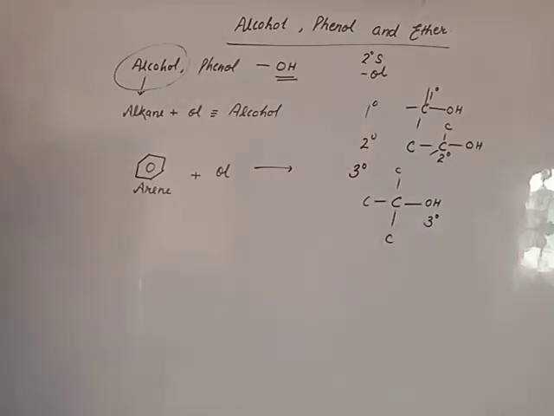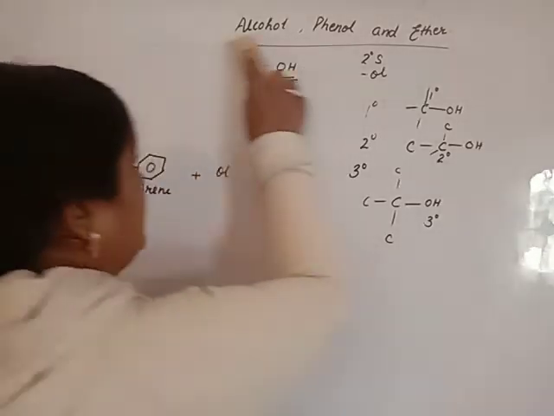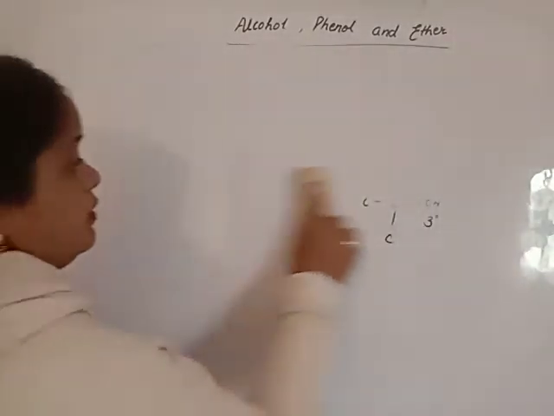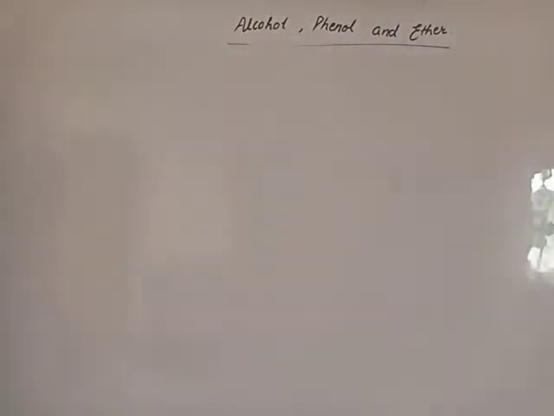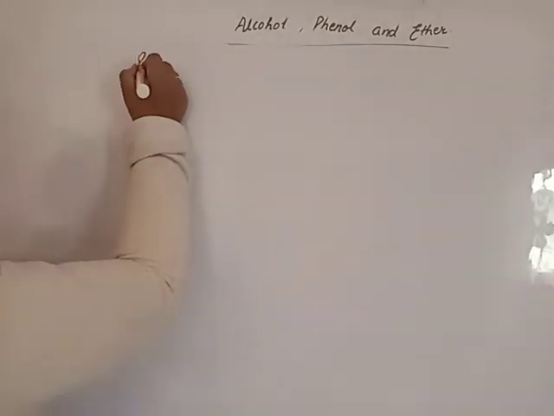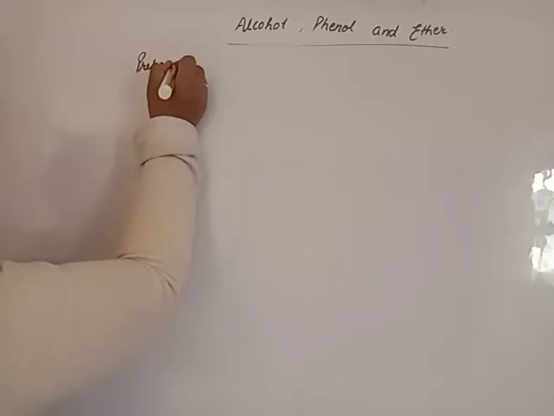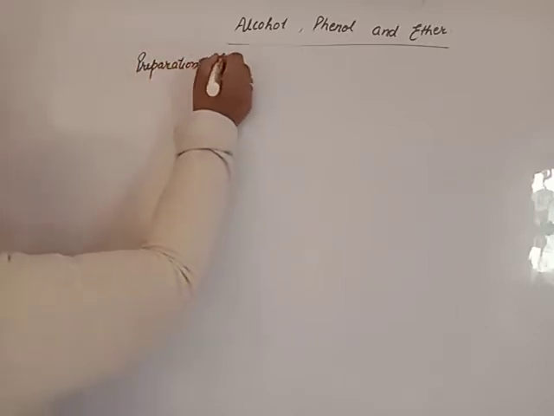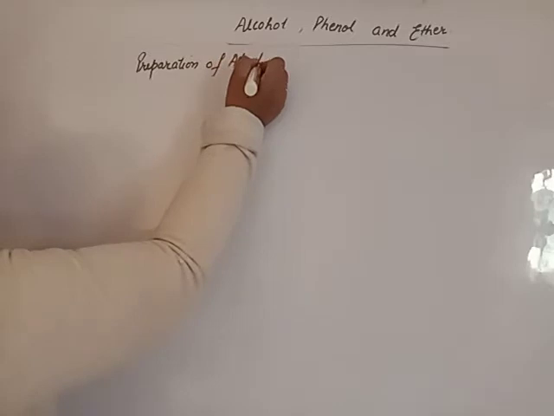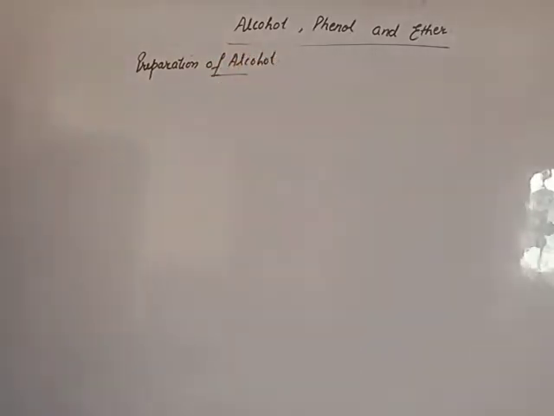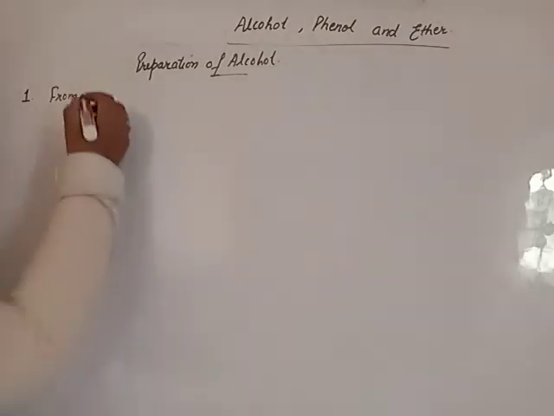Then we will directly start the preparation of alcohol. How will we prepare alcohol? Beta, methods of preparation of alcohol. First, we learned this method in our previous chapter, haloalkane and haloarene, that is from haloalkane.